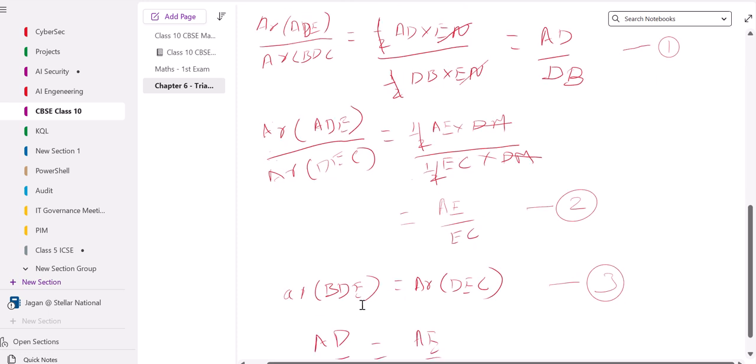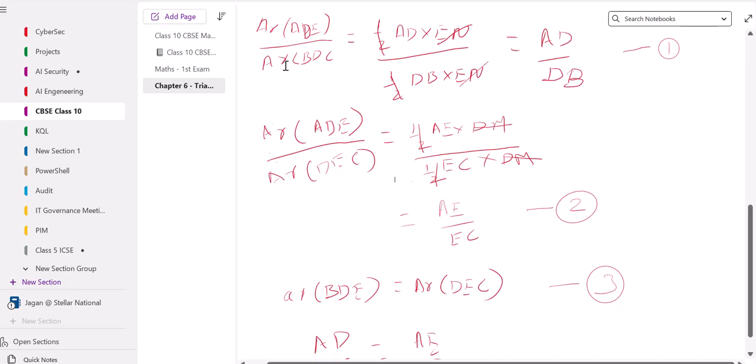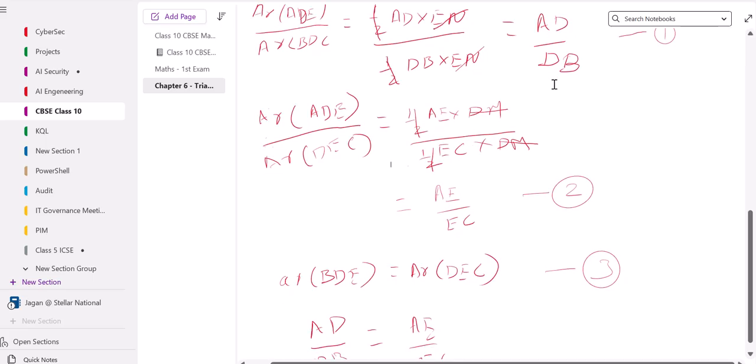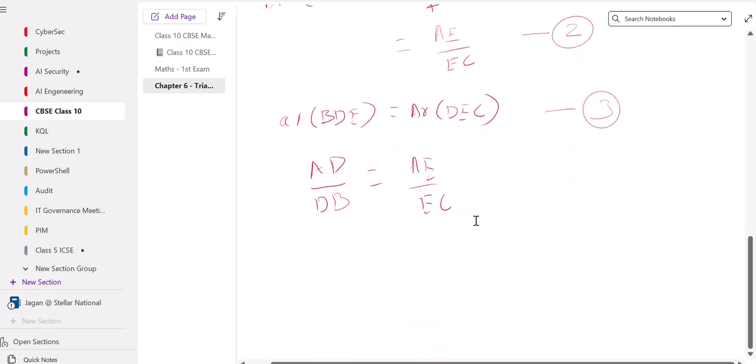Now since we are saying from the note area of BDE equal to area of DEC, then we can replace area of DEC with area of BDE. If you replace, then both will become area of ADE by area of BDE. So now both have become same. So then AD by DB and AE by EC also become equal. That is the logic.